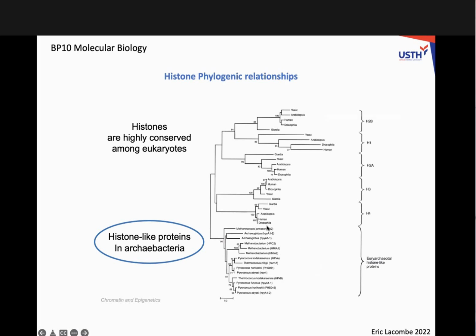But we found that there are proteins, they call that HPY, it's histone-like or something like that, that are very conserved, because if you check the name, we've got Archaebacteria, we've got Thermococcus, Pyrococcus, so different types of bacteria. They have proteins that are not proper histones, but they are histone-like proteins, and they have a little bit the same function as in eukaryotes.